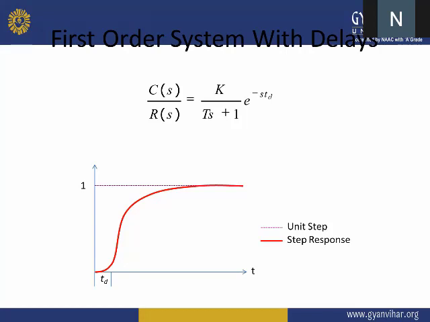But with the introduction of this time delay, the delay is provided in the step input, and the response starts after some time delay. Though we will get the same output, the delay will be provided in the initial phase of the response.